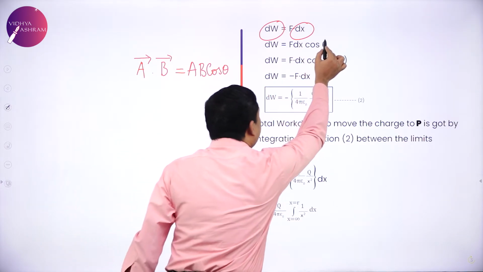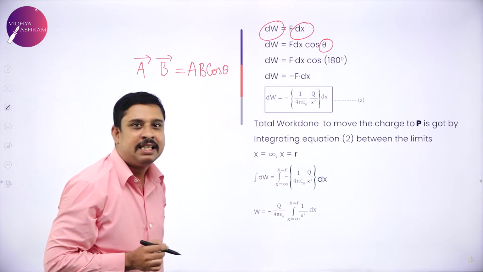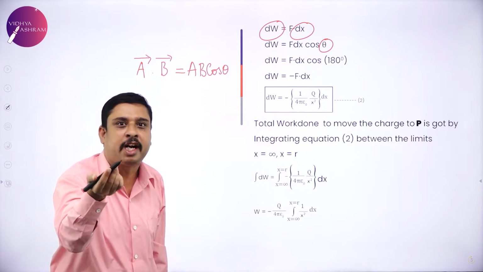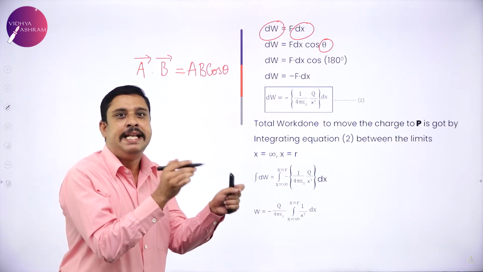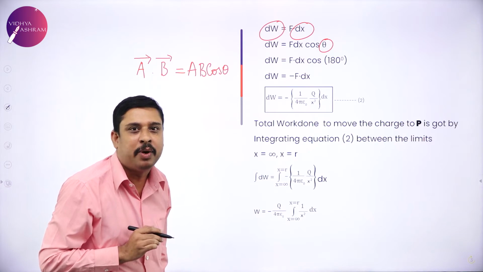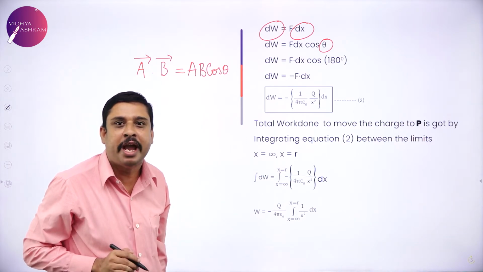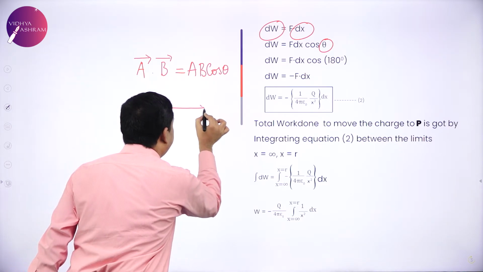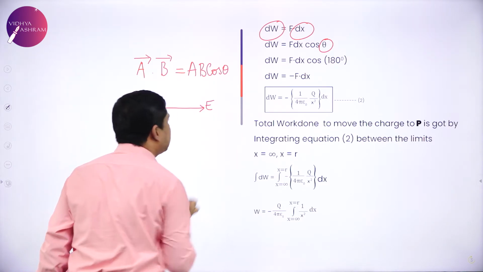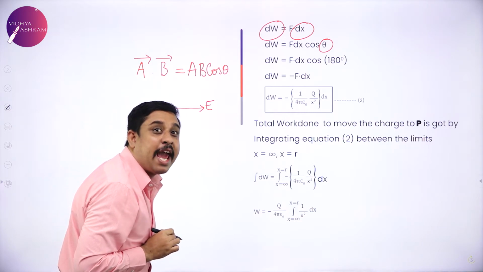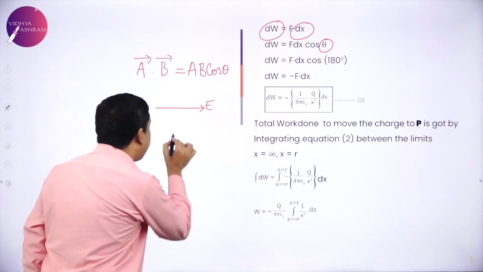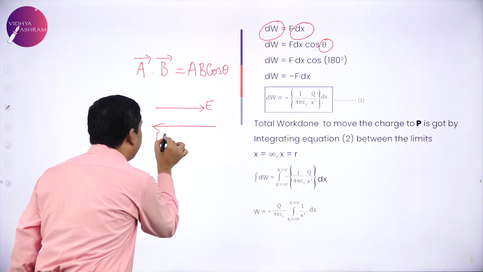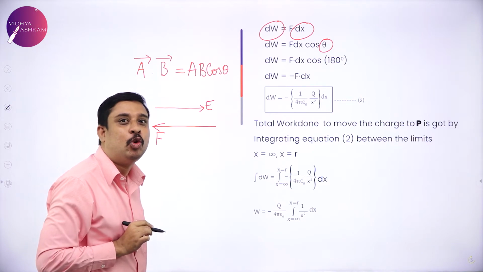Now what is the value of this theta? That is the crux of my derivation. The electric field was acting away from the charge, whereas the external force was acting into the field.